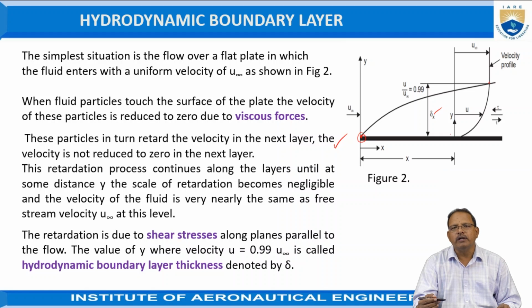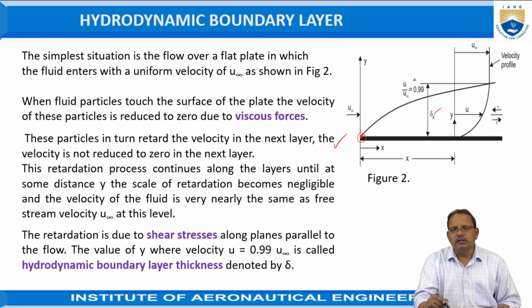On moving in upward directions, the viscous force present between the layers decreases. It attains maximum velocity, that is its initial velocity, at a distance of, assume, delta height from the surface of the plate. This thickness is called boundary layer thickness.